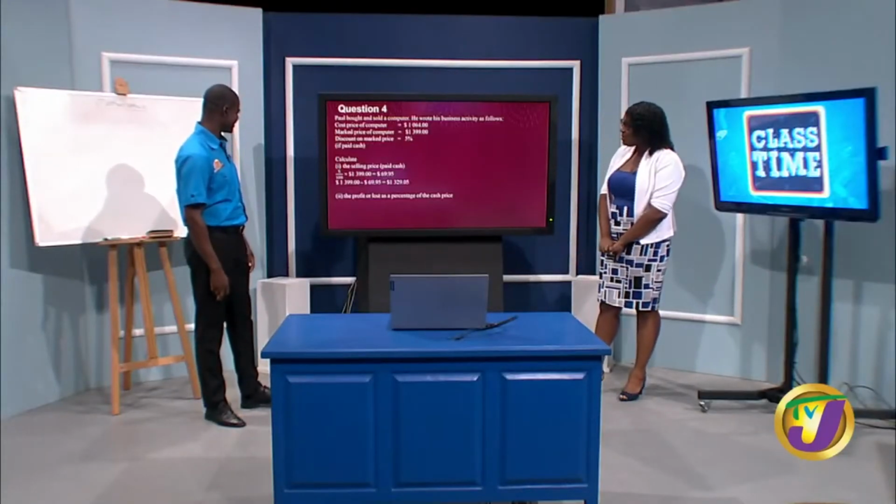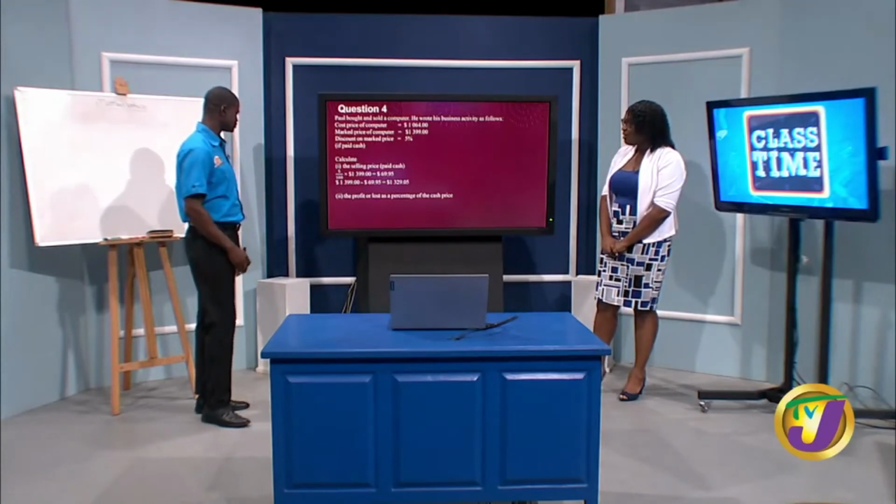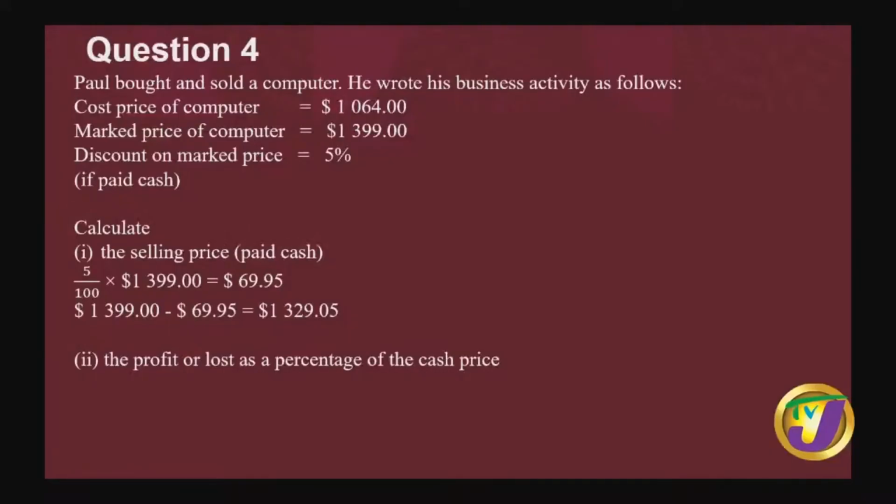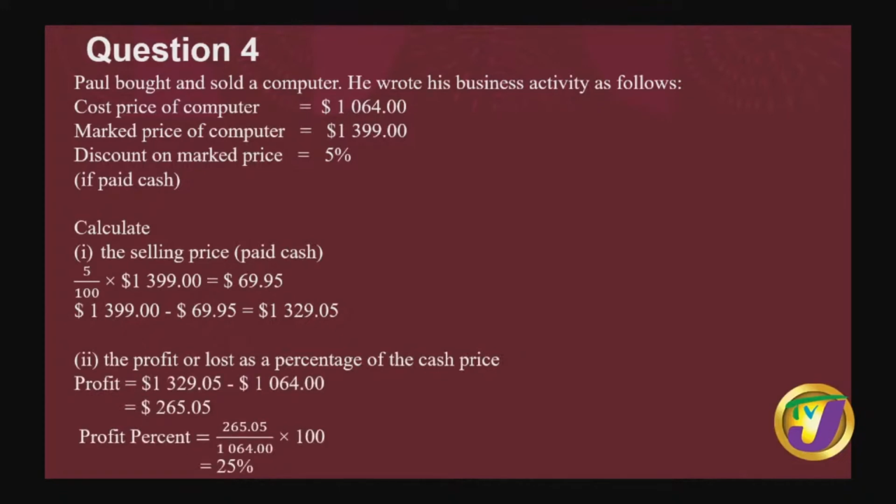All right. Part 2 says the profit or loss as a percentage of the cash price. Again, we made a profit of $265.05, and we calculated our profit percentage as 25%.